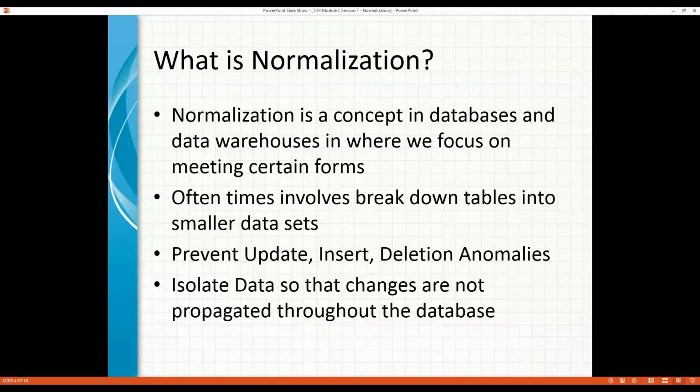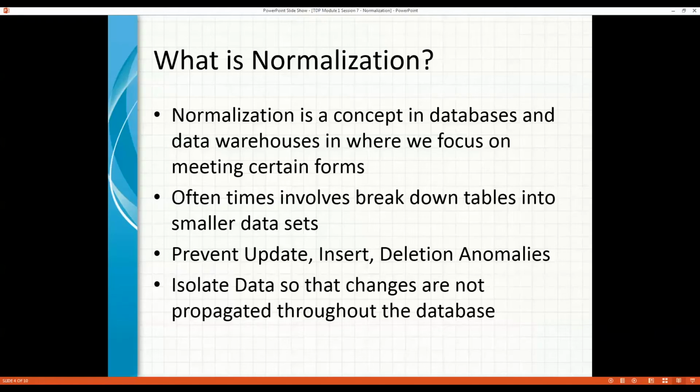What we mean by these anomalies is, let's say you have an improper table that isn't normalized or designed correctly. Let's say I perform an update and I only want to change one row. Well, if I have a bad table design, when I go to change one row, I might end up changing 10. Same thing for insert and deletion anomalies. If I go to make a deletion or an insert, let's say something goes wrong, and then suddenly I have several different changes where I only wanted one.